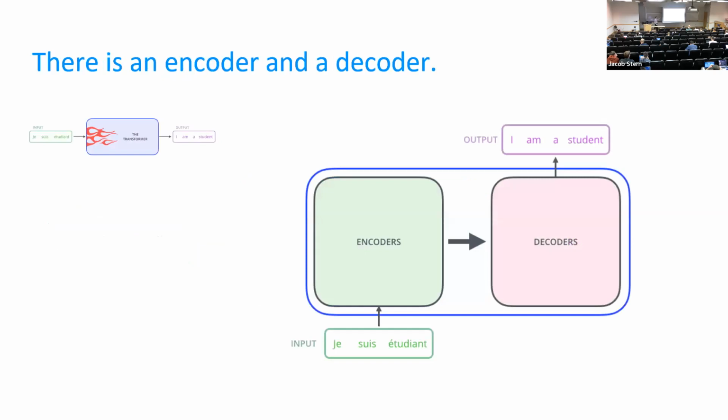So let's blow this up a second. And credit goes to the Jay Alammar blog for these awesome visualizations. These are basically copied and pasted from that. Inside this transformer, we have an encoder and a decoder.